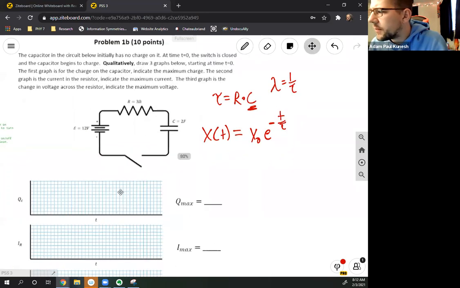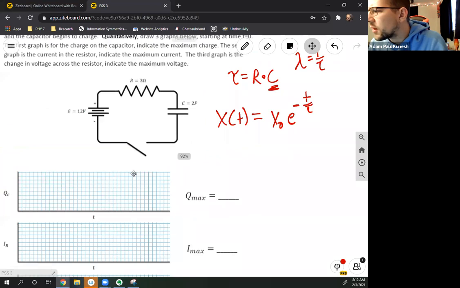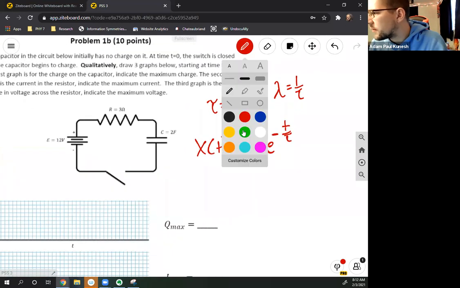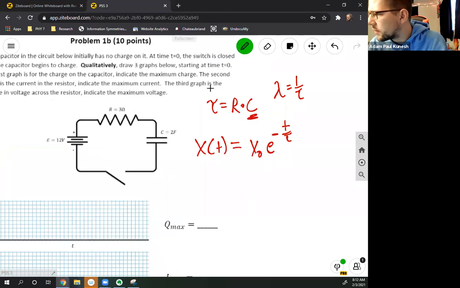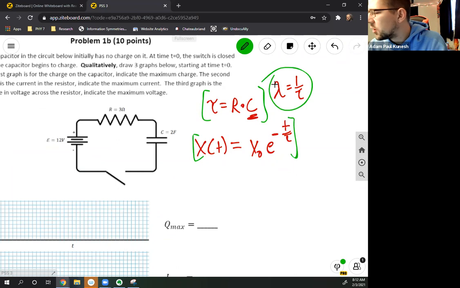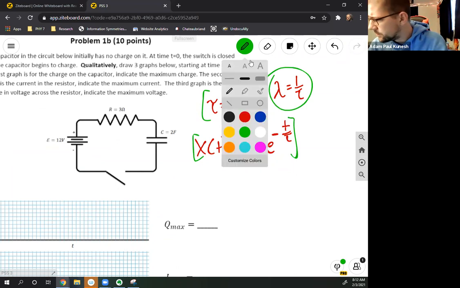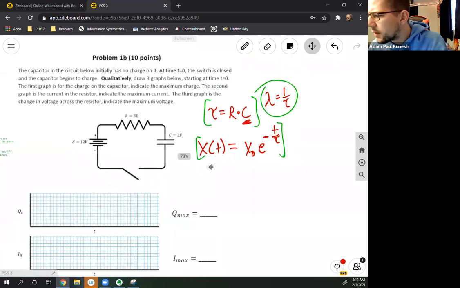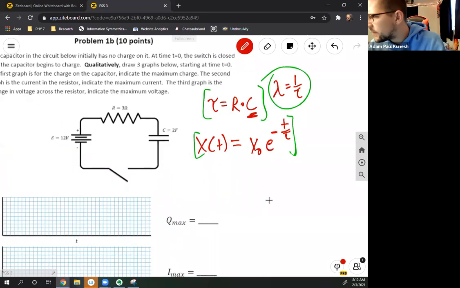I'm going to keep on moving in. So if I want to talk about the maximum charge in the resistor, I can use the definition of capacitance. So far in terms of important equations, there's this one, and this is a good relationship to know, but it's not strictly necessary for the problem. The other one that I like is the definition of capacitance.